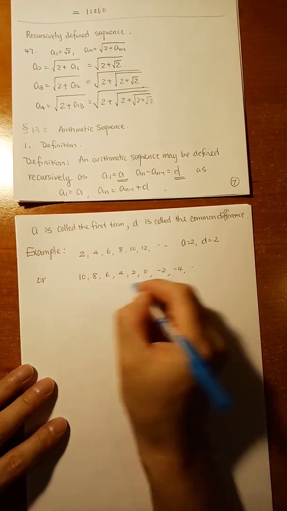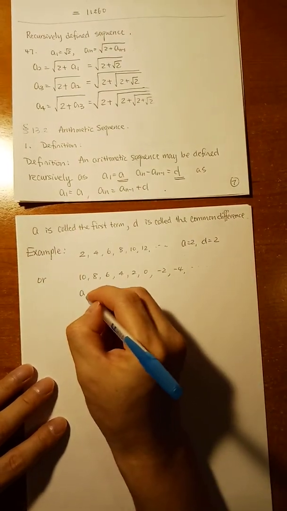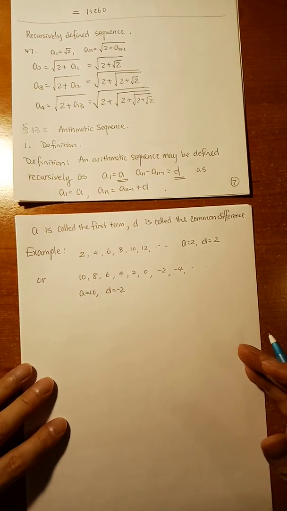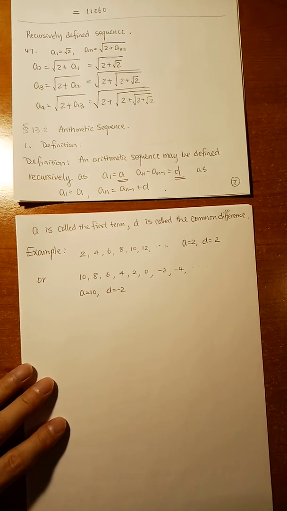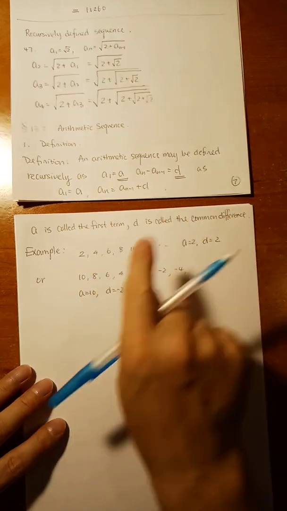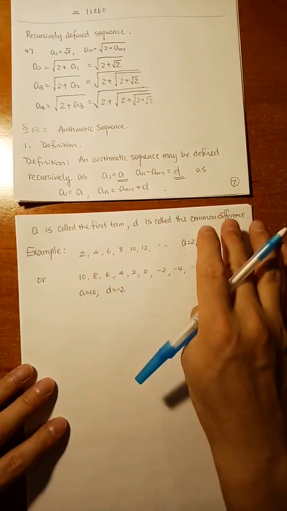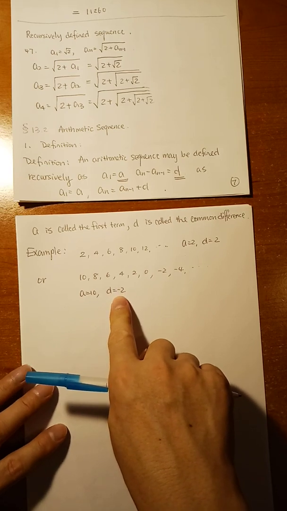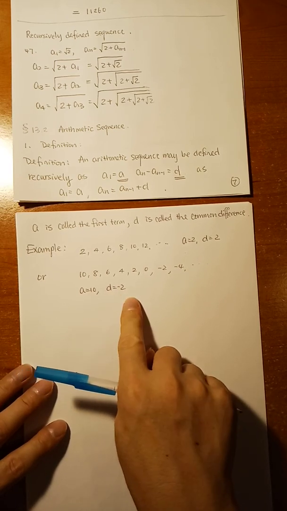But if you add a negative number, a is 10, but d is -2. Every time you add -2, it means you subtract 2, right? So it is decreasing. Arithmetic sequence is not always increasing. It can be decreasing. It totally depends on the sign of this common difference.